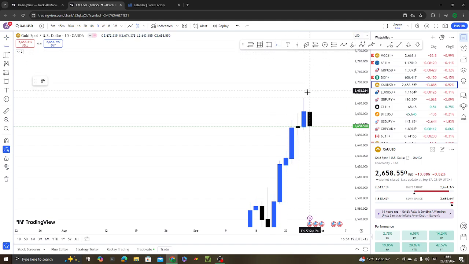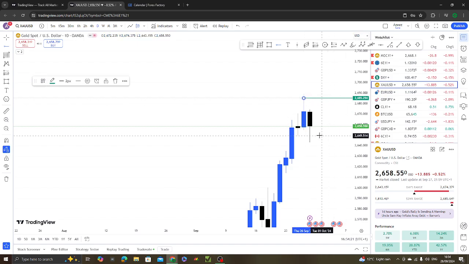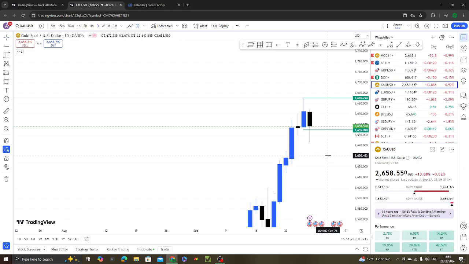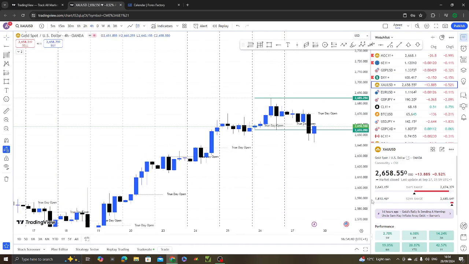We'll highlight this line and this line. So obviously it's telling you bullish. We only need to look for bullish candles, guys. So we'll go to the 4 hour time frame.